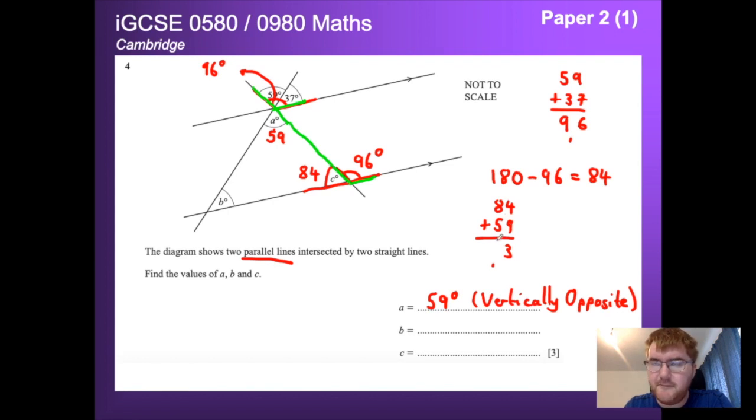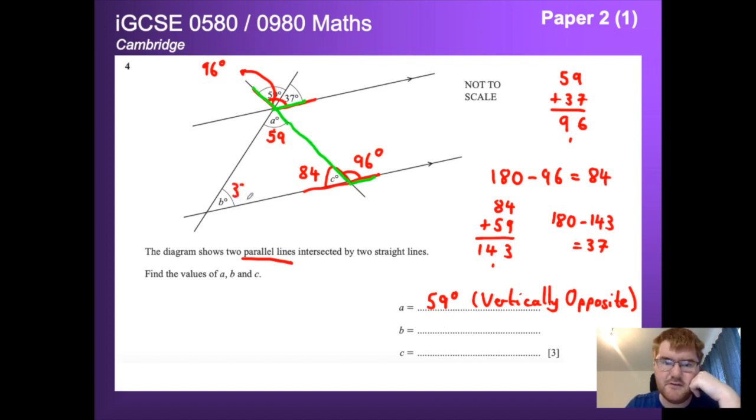So 8 plus 5 is equal to 13, plus the 1 is 143. And then to work out this angle, we then do 180 minus 143, and that's going to give us the answer. I'm going to do this one mentally. That's going to give us the answer of 37. So B, you need to know which angle is which.